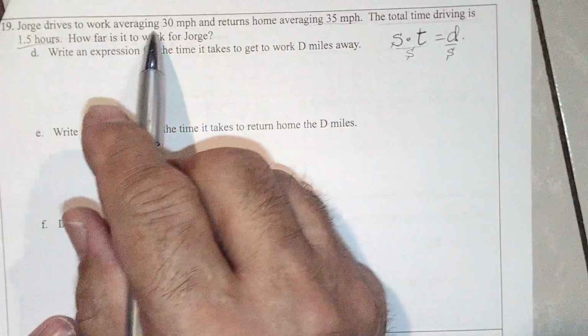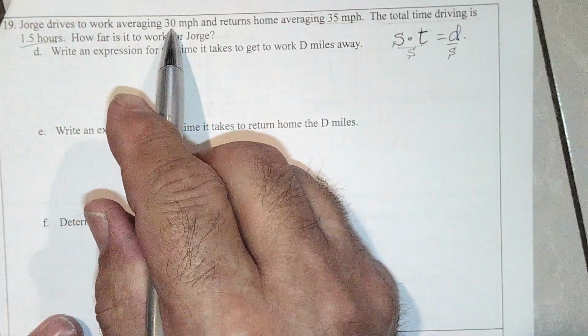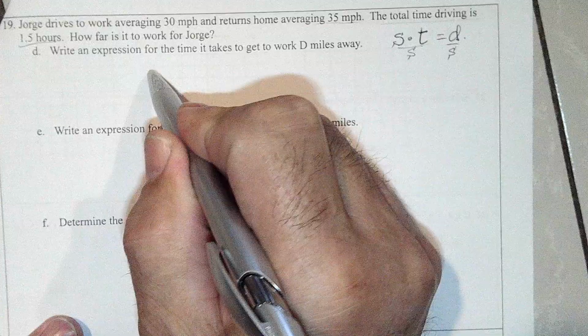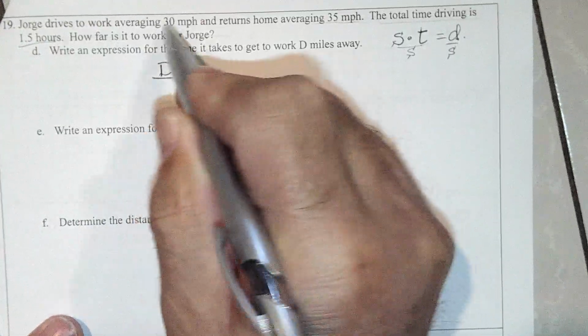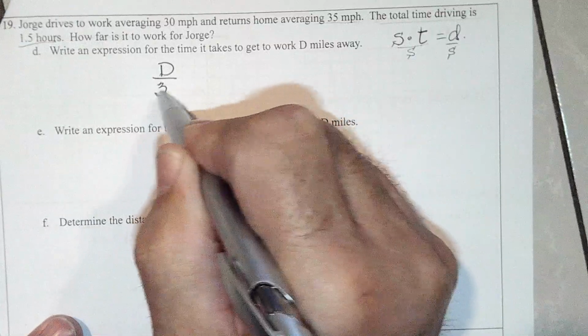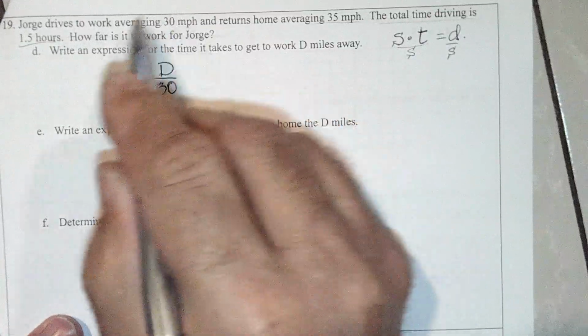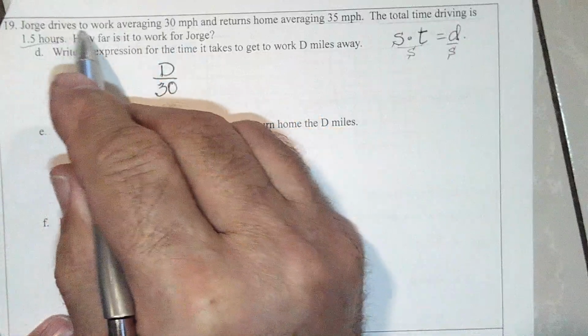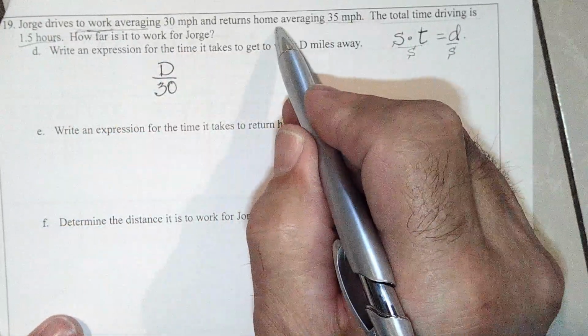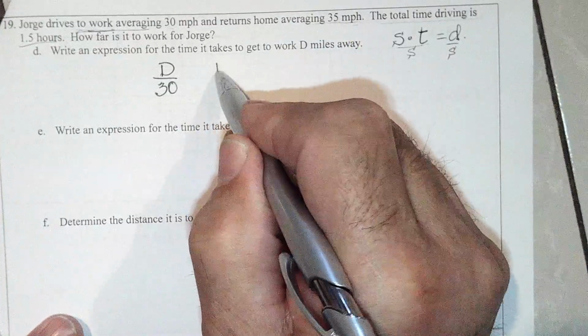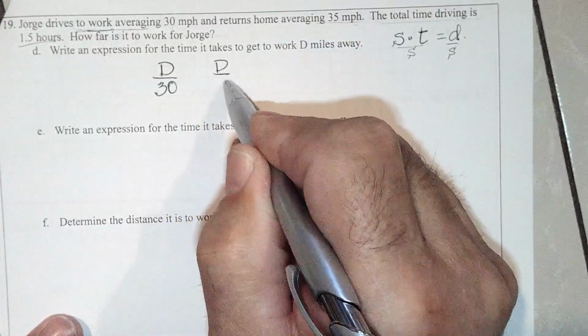So if they work d miles away and they travel at 30 miles per hour, that's the time going to work. And then the time coming home would be the distance divided by the speed.